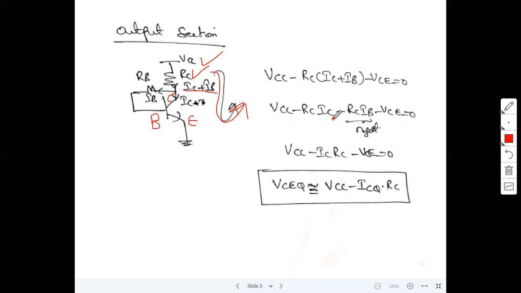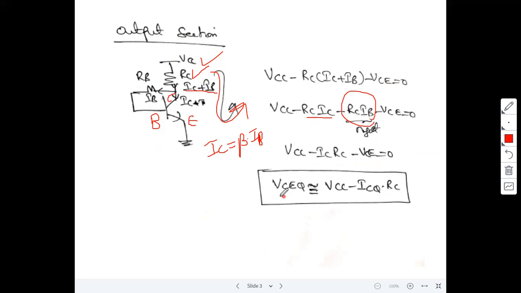Already we know the relation between IC and IB: IC is equal to beta times, or HFE times, IB. So we may neglect the base current here. RC into IC is beta times greater than RC into IB, so you may neglect the RC into IB term. The remaining expression is VCC minus IC RC minus VCE is equal to 0.